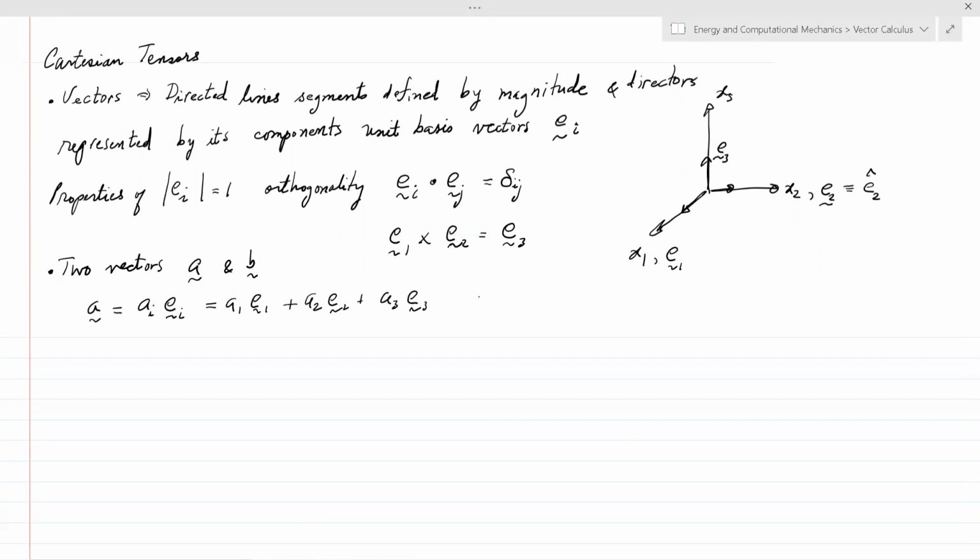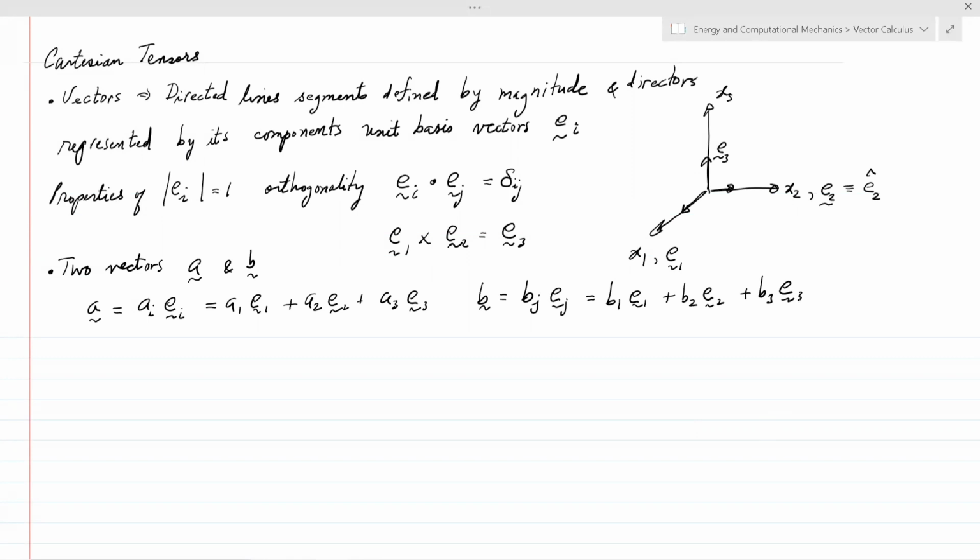You could also have the components of B, which is B_j E_j. I can make it different. I can make it i, whatever I want, but it's repeated. And this is equal also to B1 E1 plus B2 E2 plus B3 E3. So the components of that vector B can be written in that manner.